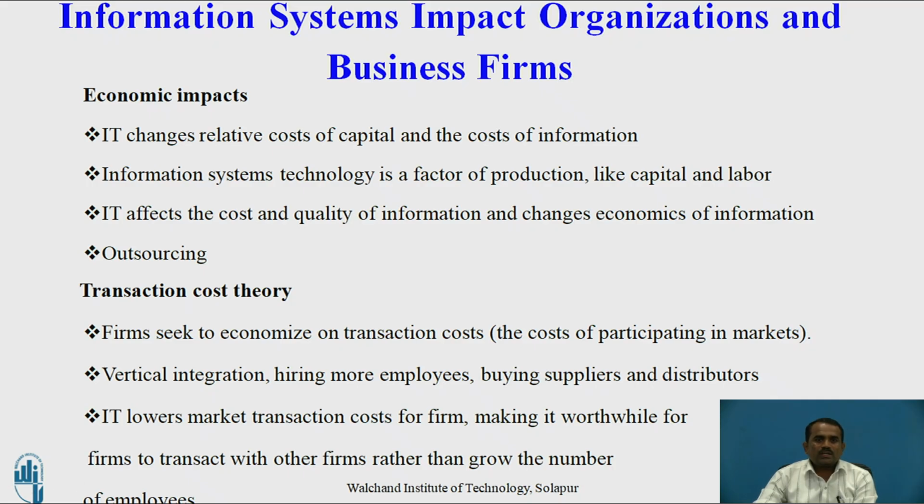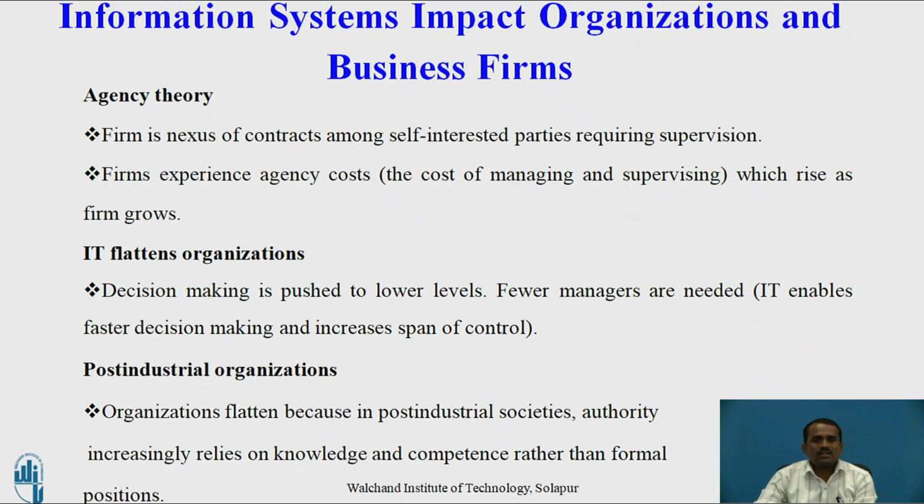We have to know vertical integration, hiring more employees, buying suppliers and distributors. IT lowers market transaction cost for firms, making it worthwhile for firms to transact with other firms rather than grow the number of employees in the company. This indicates the transaction cost theory of the business.